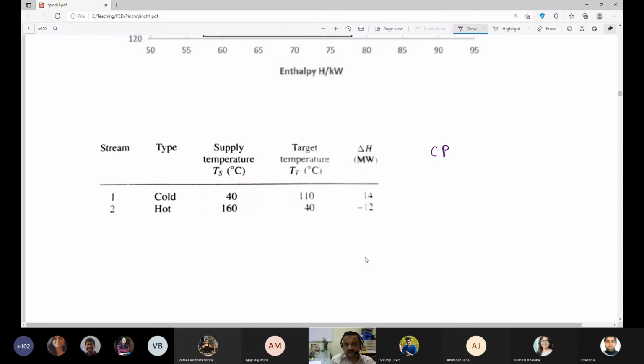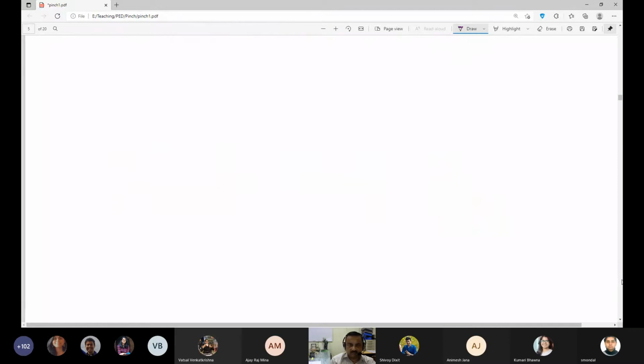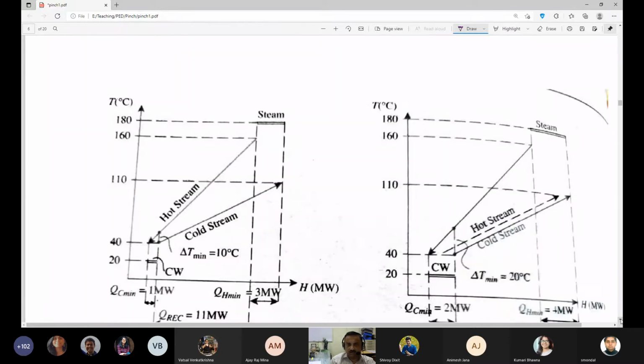You can find CP immediately for the two streams by writing delta H divided by 110 minus 40 for the cold stream, and 12 divided by 160 minus 40 for the hot stream. So you can get the CP values immediately, and this CP value will give you the slope of these lines.